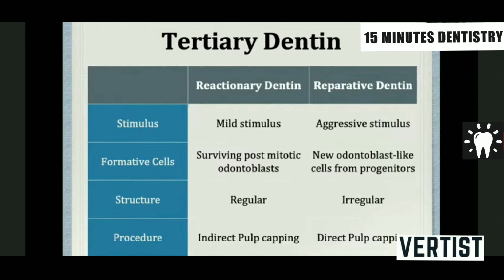That dentin is not very regular and is irregular in its microscopic structure, and it is usually seen in a direct pulp cap, as we have seen in the previous discussion.